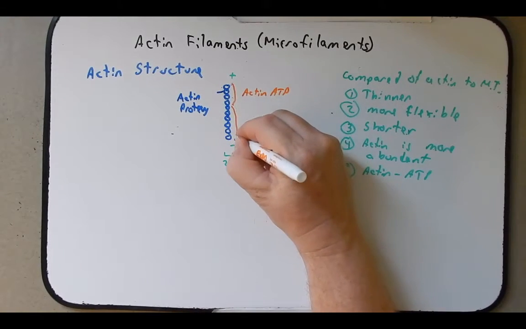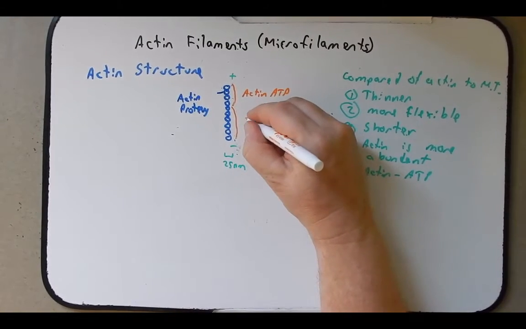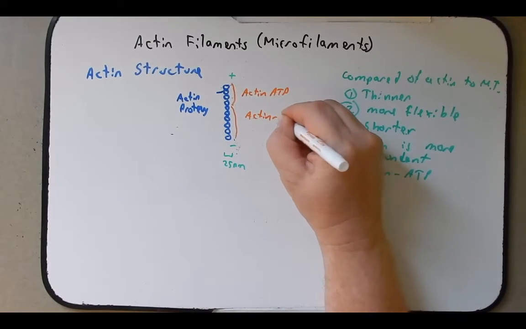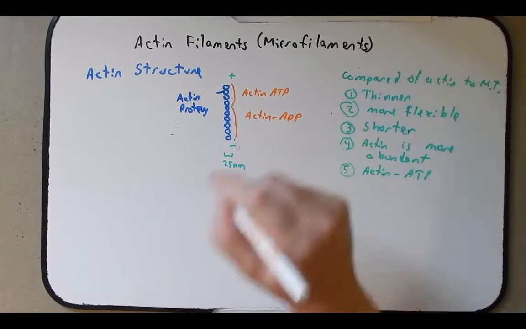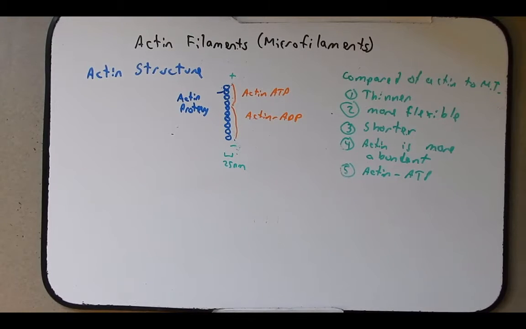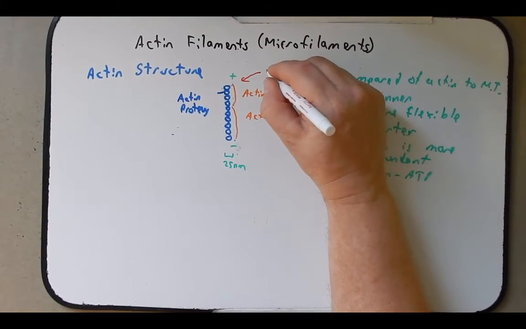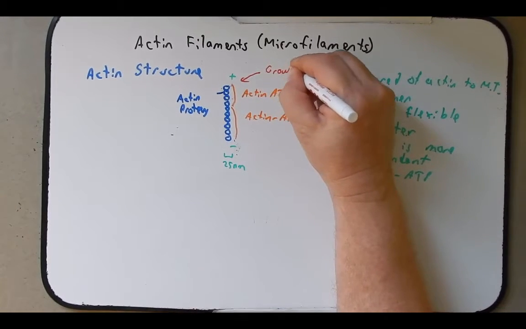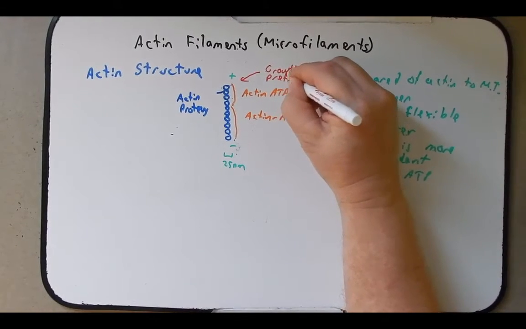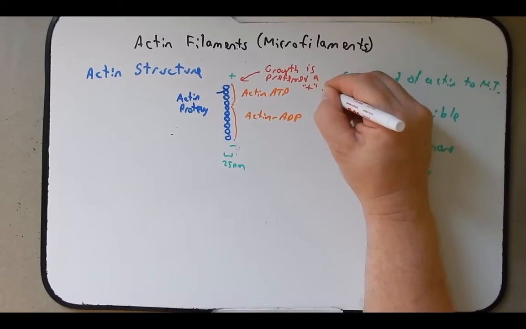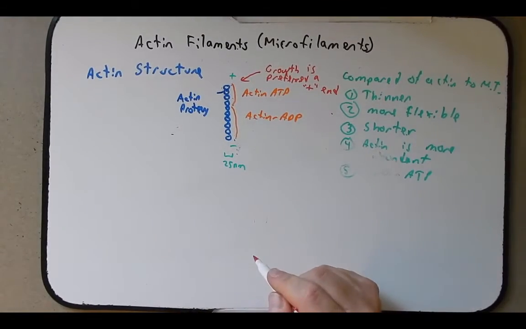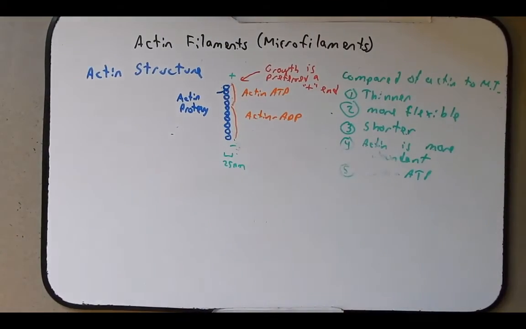And then as you move down here, that ATP is hydrolyzed, and you'll have more actin ADP. Like we saw with microtubules, actin is more likely to be added to the plus end. So growth is preferred at the plus end. And you can still add to the minus end, but it's preferred at the positive end.